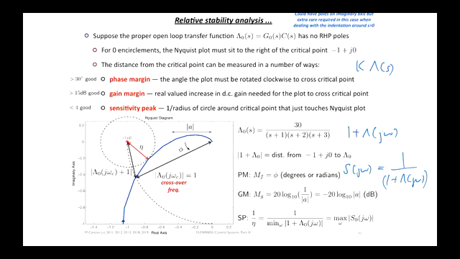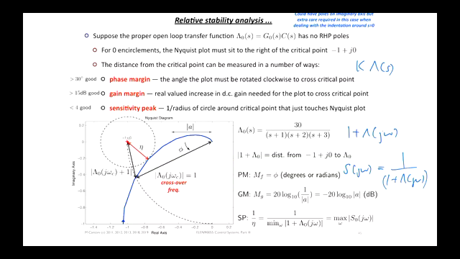They may be stable, but if you have closed loop poles that are close to the imaginary axis, in the sense that the imaginary part of those poles is much larger than the real part, then when you kick the closed loop, it will respond in a way that's also very oscillatory, okay? And it might take a long time relative to the period of oscillation for those oscillations to die away.